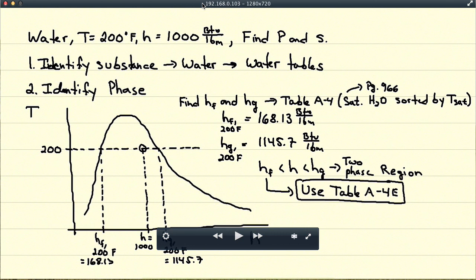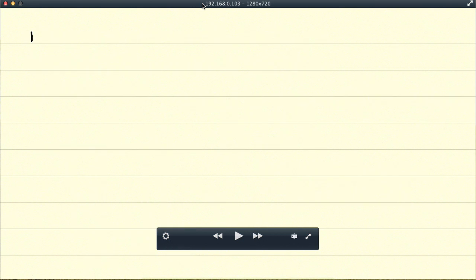Okay, so now we have an enthalpy, but what we need to find out is our pressure, and we need to find out our entropy. So we have to use this information to find P and the entropy S. Okay, well, pressure is straightforward, right?